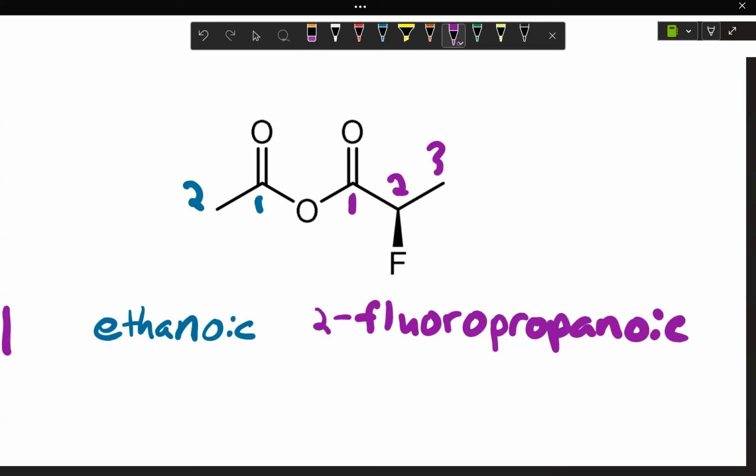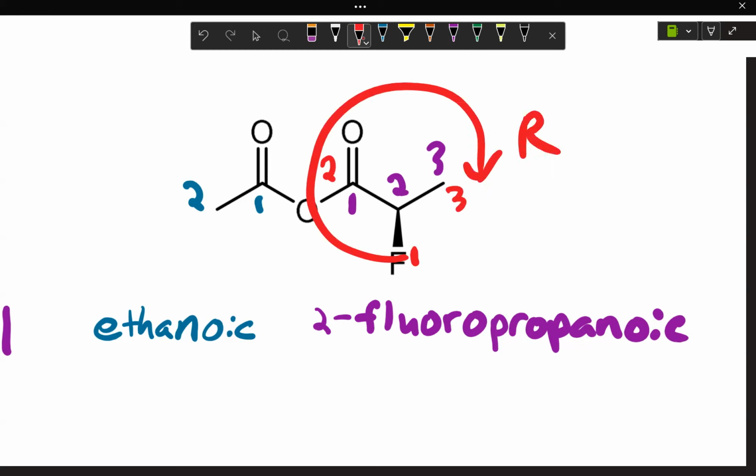And then we have a chiral center, so we have to determine R/S. So fluoro gets 1. This gets 2 since it has the carbonyl, and then 3. If you draw from 1 to 2 to 3, it's R. So we're going to include that in the name as well. R in parentheses.